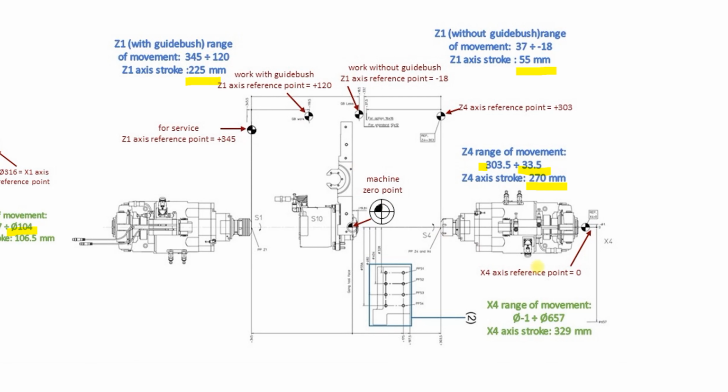And the last axis, X4, has a range of movement which gives us the stroke of 329. This stroke is enough first to make pick-off and also to position back spindle in front of a box collecting of part to execute ejection of a part.